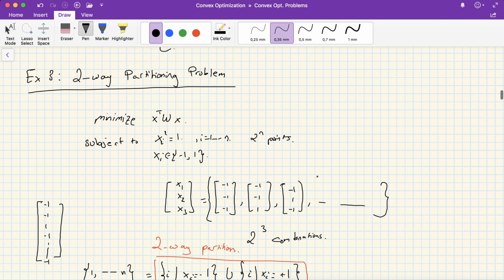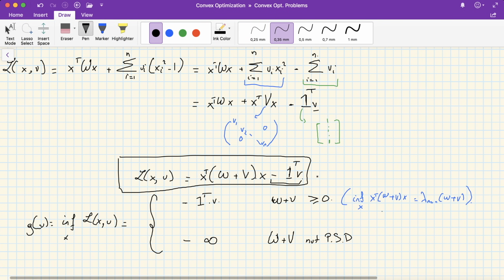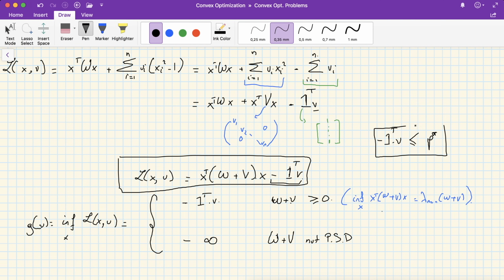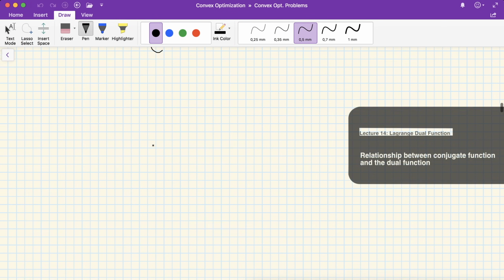And in example 3, the two-way partitioning problem, we can say that if g of nu exists, so when W plus V is positive semi-definite, then minus 1 transpose nu is a lower bound on the optimal value of the two-way partitioning problem.